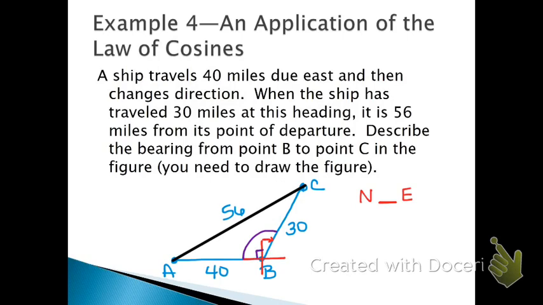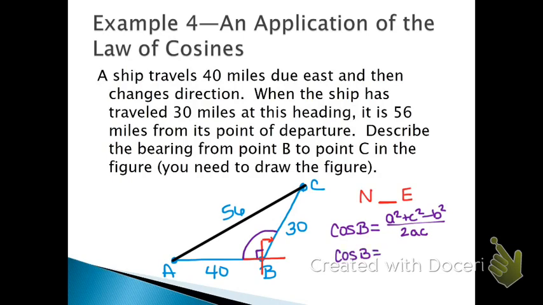All right, so I'm looking for B. I don't know an angle on the side across from it, so I'm going to use my law of cosines. So I know cosine of B is equal to A squared plus C squared minus B squared over 2AC.